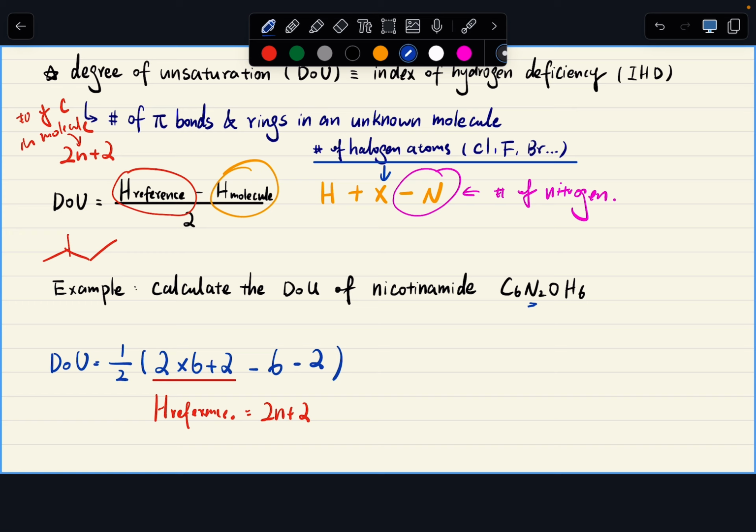Sorry, this entire thing is in there, so this becomes a plus 2. All right, so this is my H for the molecule, which equals H plus X minus N.